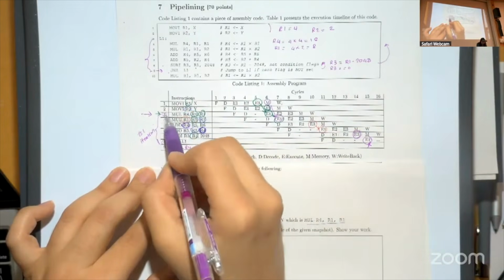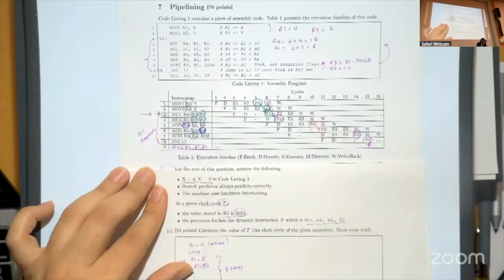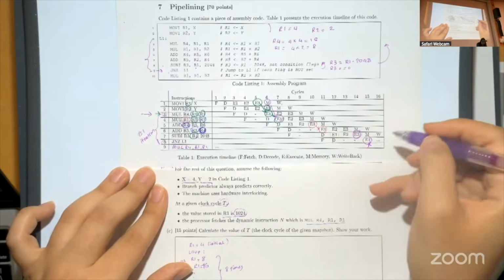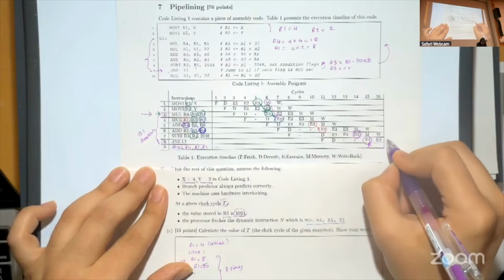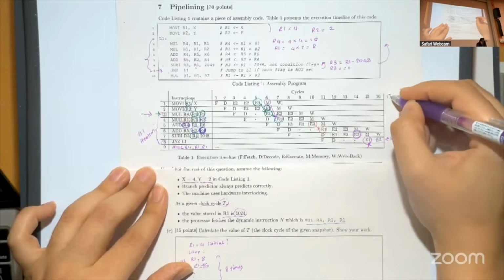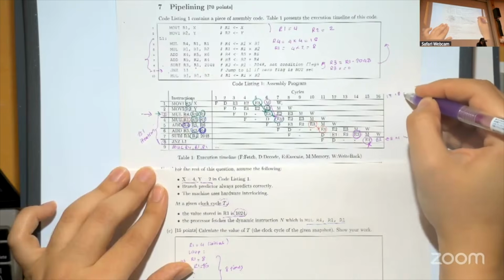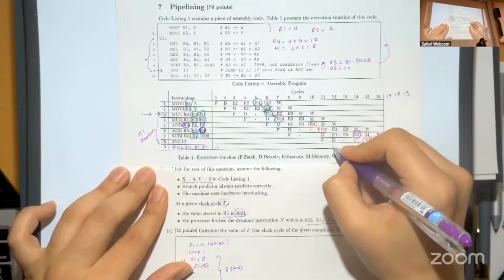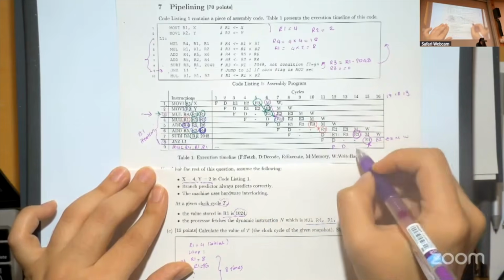So you can now see how many cycles you need to execute this by completing this part, maybe. And then it's 17, 18, 19.